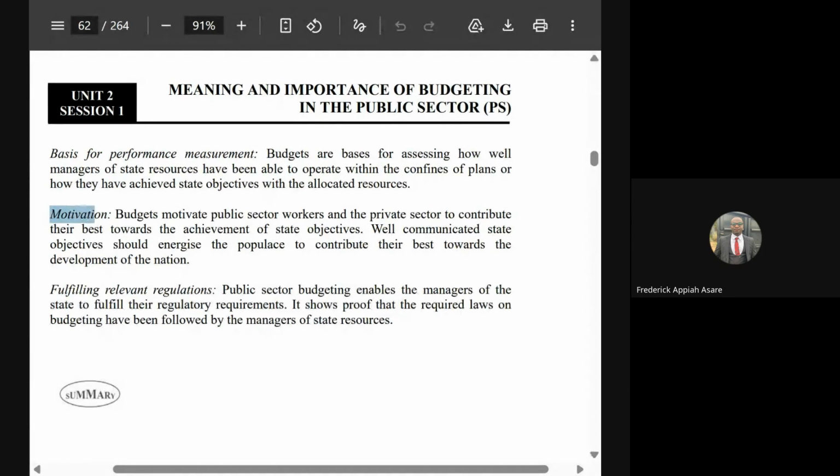Then motivation. It also serves as a motivation for fulfilling relevant regulations. According to the Constitution, the Minister of Finance is mandated to present the budget to the public and send the budget to Parliament to approve it before funds can be utilized.